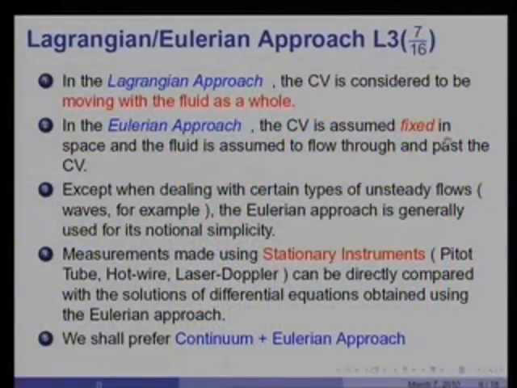In other words, the material of the element is changing continuously because some fluid is coming in and going out, and the fluid element contains different materials at different times. But the location of the element is fixed in space. In the Lagrangian approach, on the other hand, the material of the element does not change, but the element itself moves with the fluid. In the Eulerian approach, the CV is assumed to be fixed in space and the fluid is assumed to flow through and past the CV.